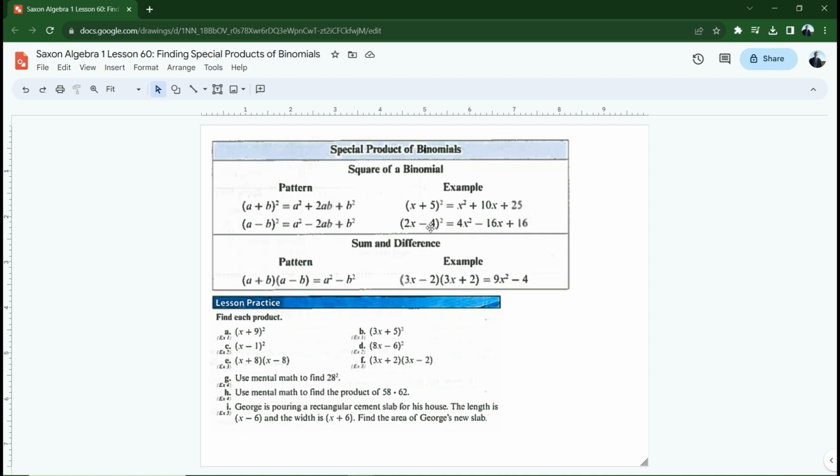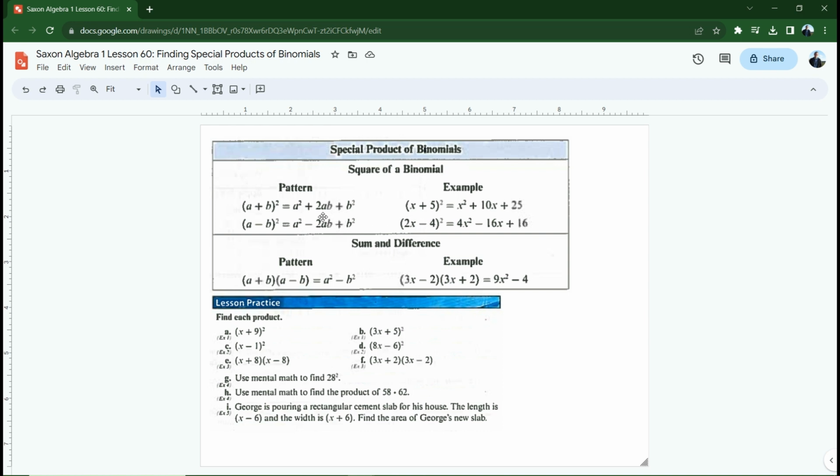2x minus 4 times 2x minus 4 is going to be the first term squared. That's going to be 4x squared. Plus 2 times the first term times the second term. Now, notice I said plus even though it's minus. You could do it with a minus, or you could treat the first term as 2x and the second term as negative 4.